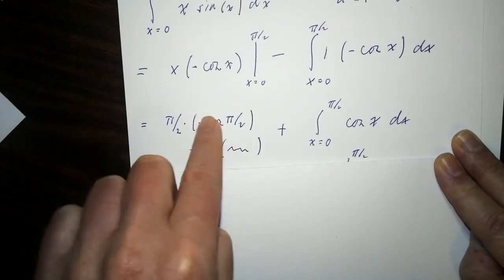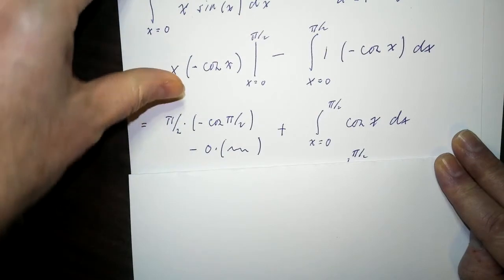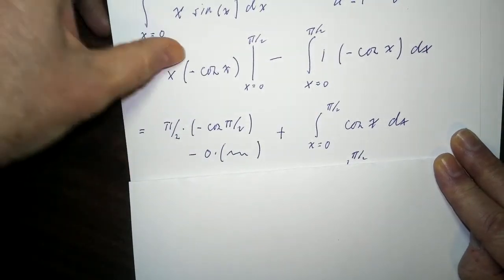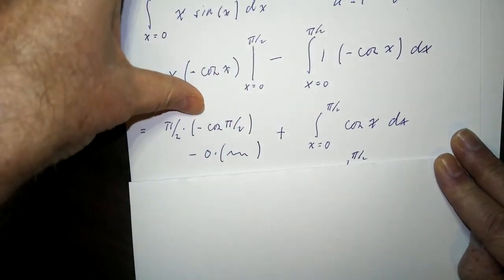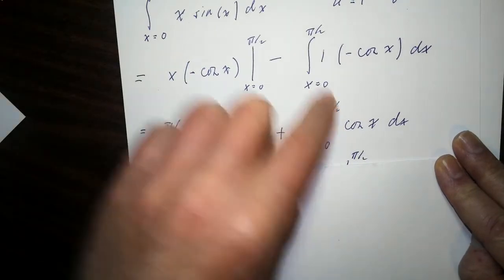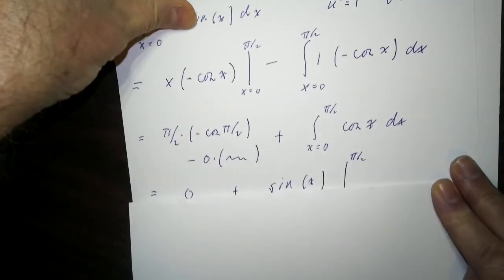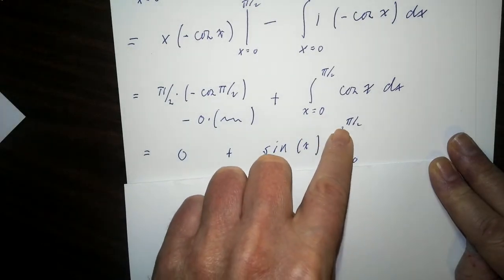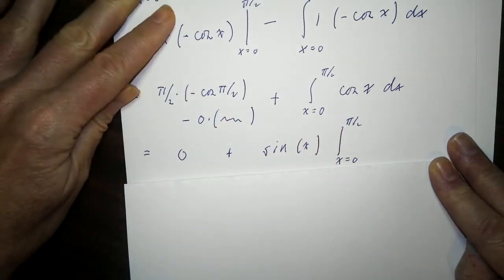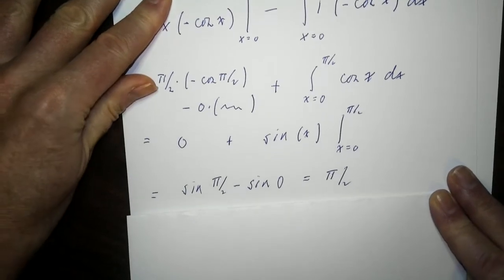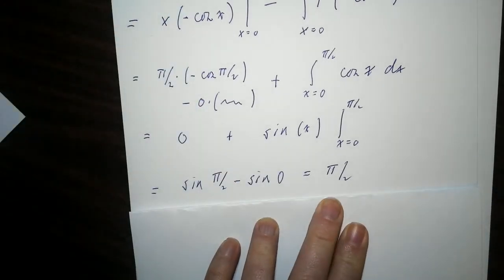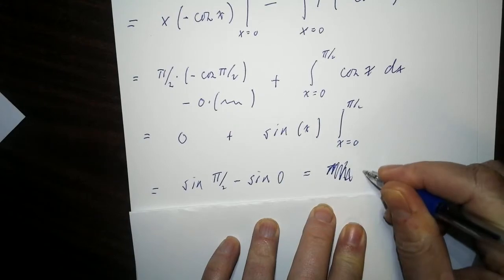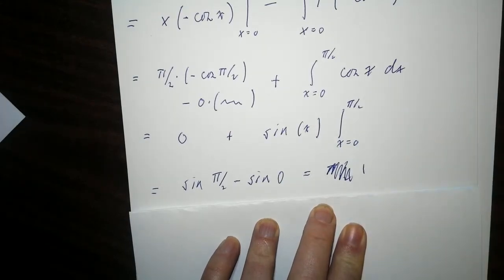So that means the first term arising from this will go away. So this will all simplify to be 0. And then I'll have the integral from 0 to pi over 2, which is merely the antiderivative of cosine evaluated at 0 and pi over 2. So that will be the sine of pi over 2 minus the sine of 0, which is not pi over 2. It's actually equal to 1.